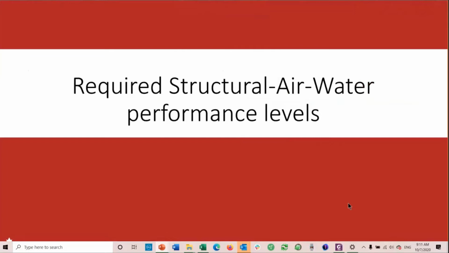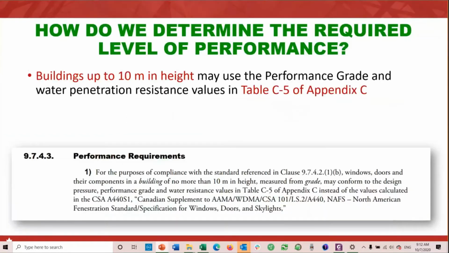The next thing we'll talk about is the required level of structural air water performance. So how do we know what level of performance we need? We're building, in this case, your builders in Richmond, building officials in Richmond. The code lets us use Table C5 if the buildings are up to 10 meters in height.